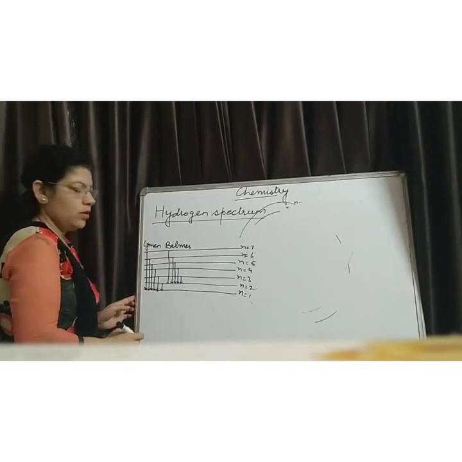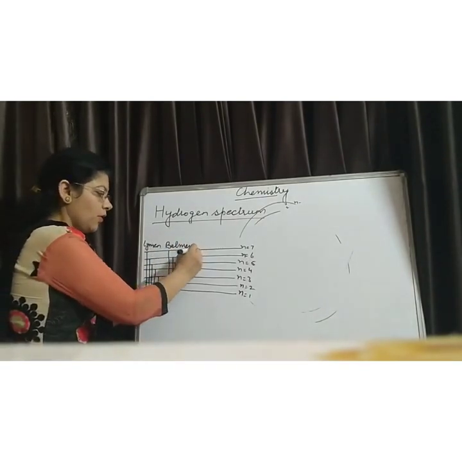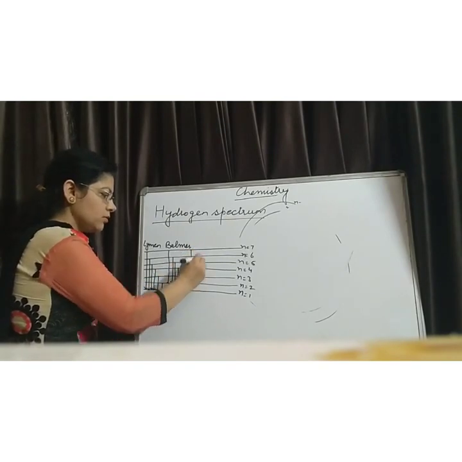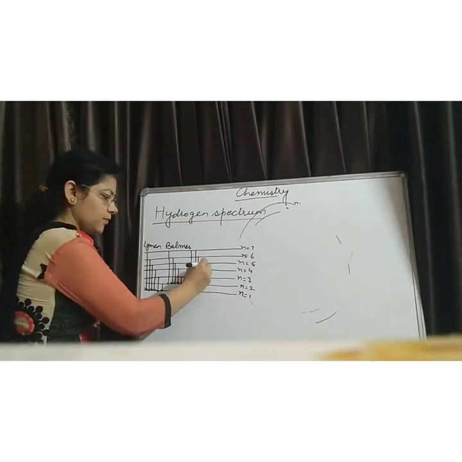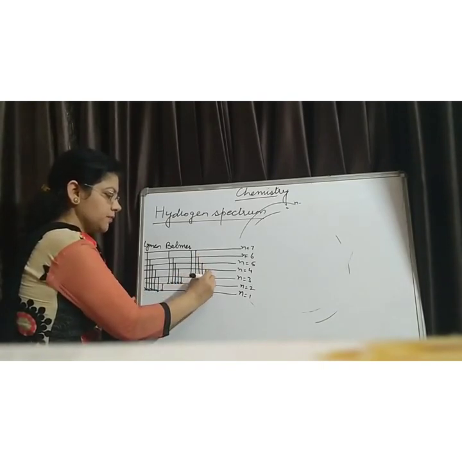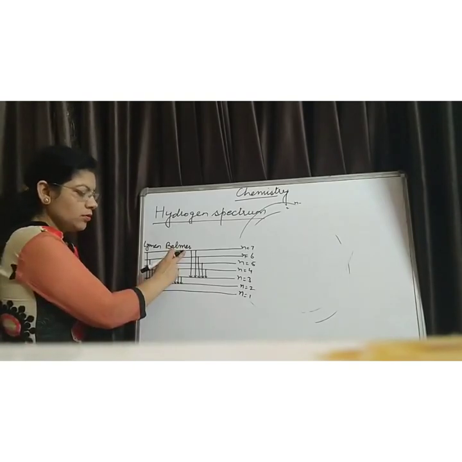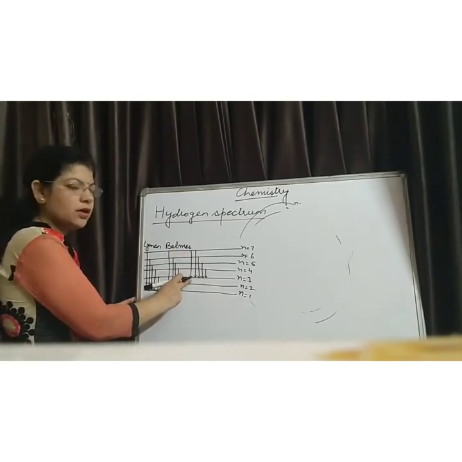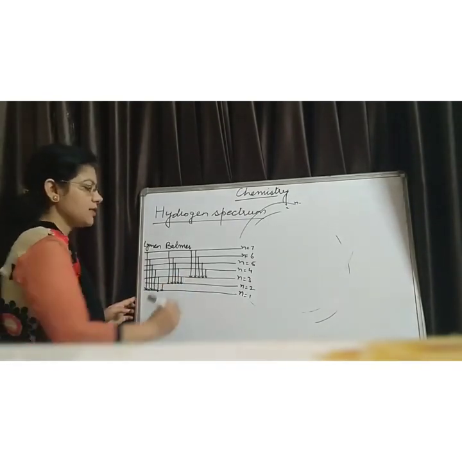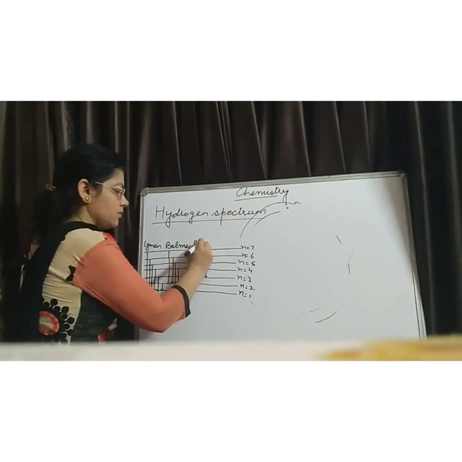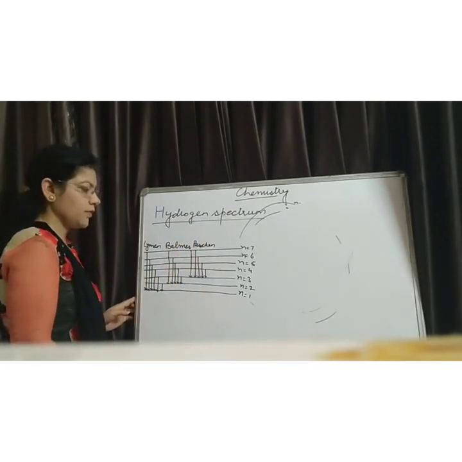Next, when excited electrons jump from an excited state to the third shell, it may be possible that the excited electron jumps into the third orbit of hydrogen. That series is known as the Paschen series for the hydrogen atom.